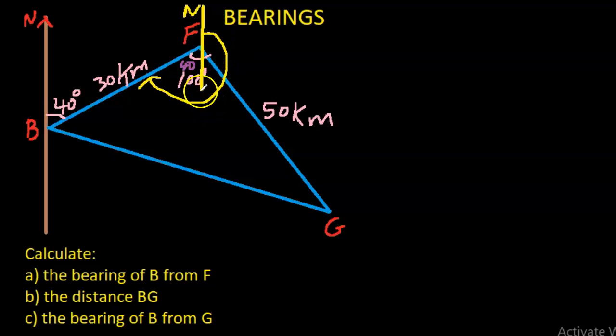I want the bearing of B from F, so coming from the north of F, straight to the line connecting B. Here to here is 180, a straight line, and then this 40. So 180 plus 40, that's 220.